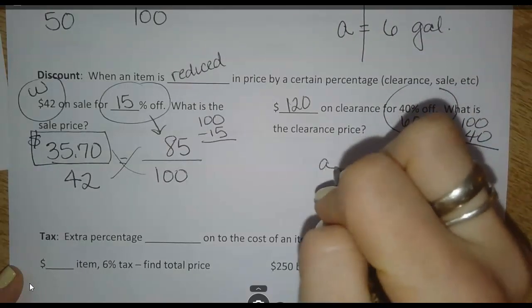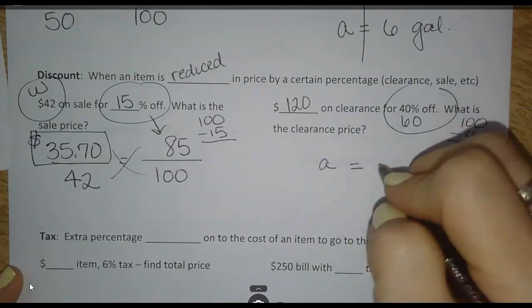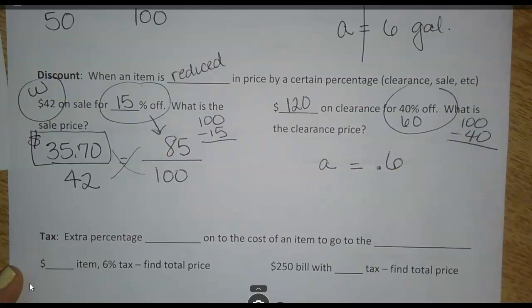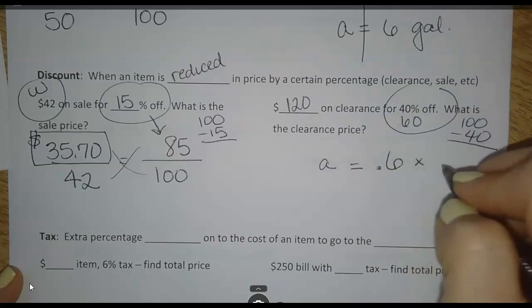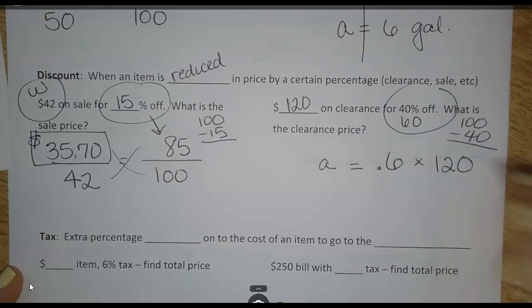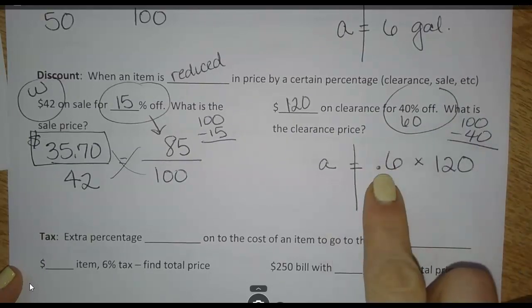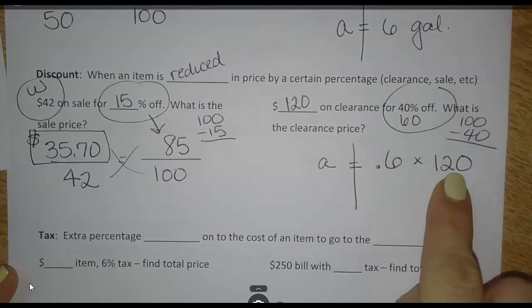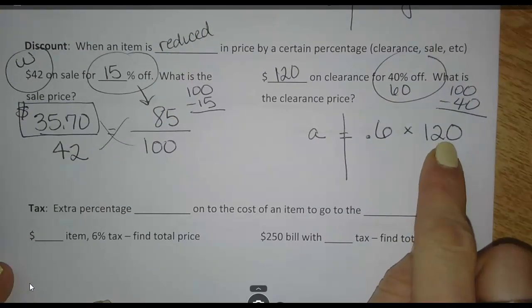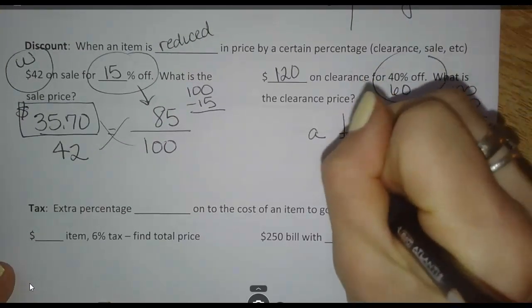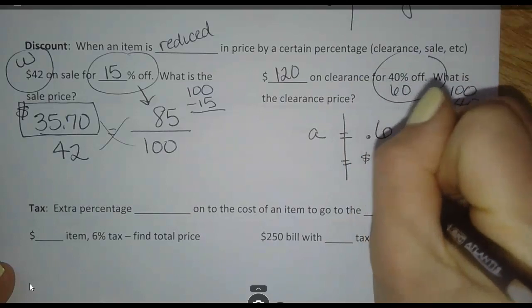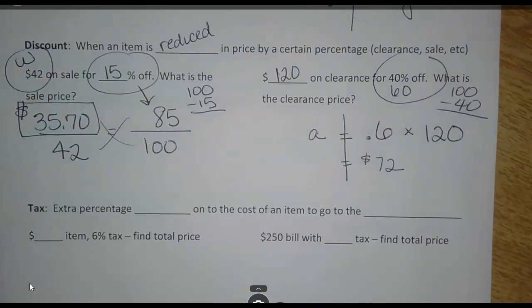So I'm trying to find the new sale price or clearance price. I'm only paying for 60% of the original price. So I want to find 60% of $120. And if I type that in, you can do it quick. I get that now the clearance price is only $72.